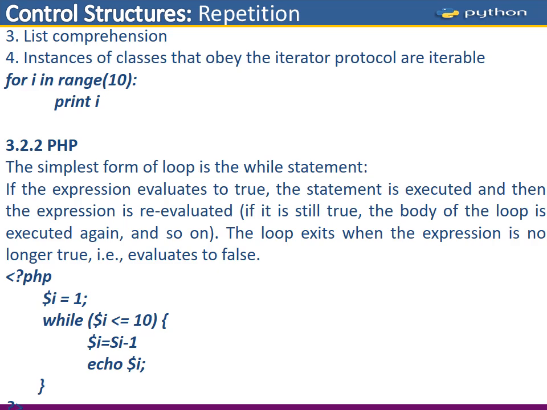So all the other conditional statements are done. Under repetitive statements in PHP, we look into it now. PHP has the simplest form of loop, which is the while statement loop. The while statement loop in PHP works like this: if the expression evaluates to true, the statement is executed and then the expression is re-evaluated.